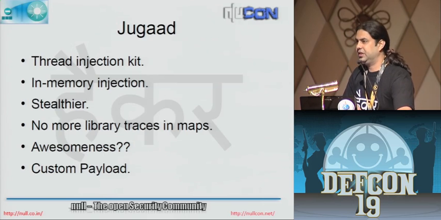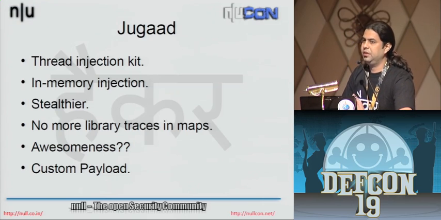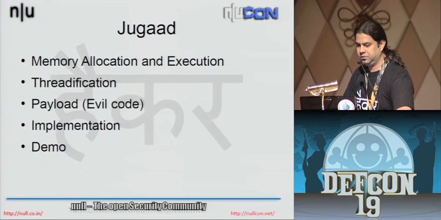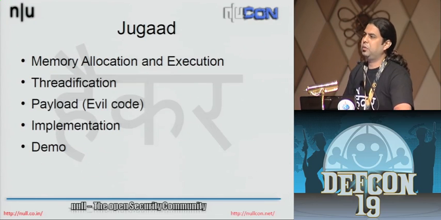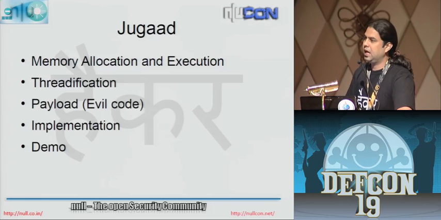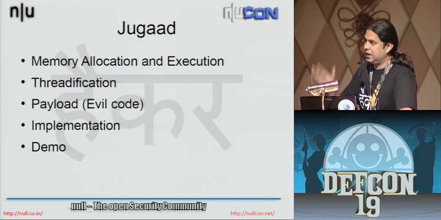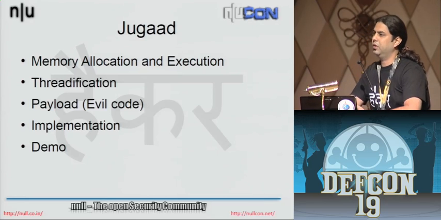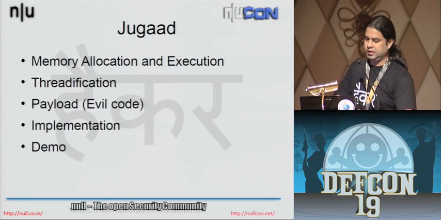If you inject the shellcode, what you're doing is in effect all in-memory injection. So there are no traces of any libraries ever being injected into the process. I divided the problem into 3 parts. One was memory allocation and execution: how do you allocate memory inside the process, and how do you make it execute? Then how do you threadify, or how do you create a thread inside that particular process? And the third is the customized payload that you want to execute inside that process.